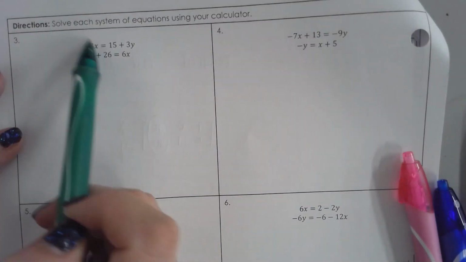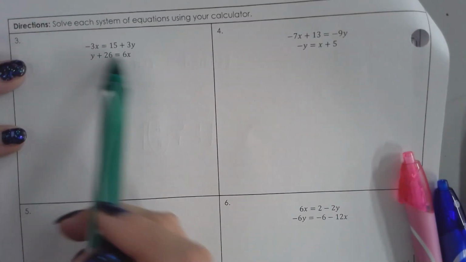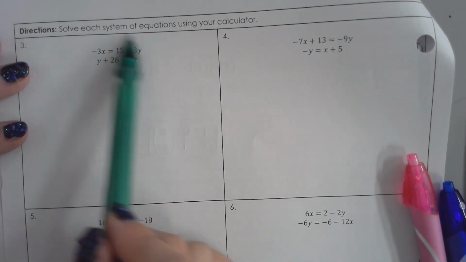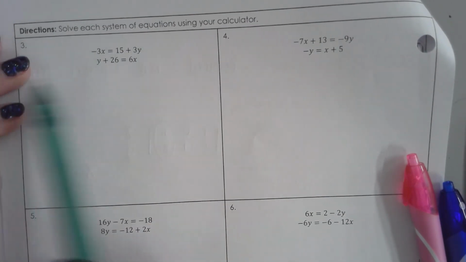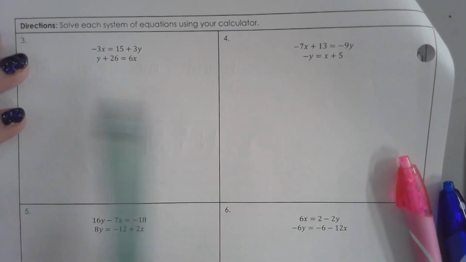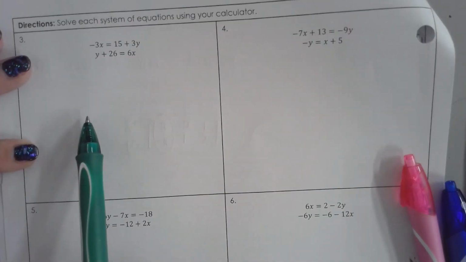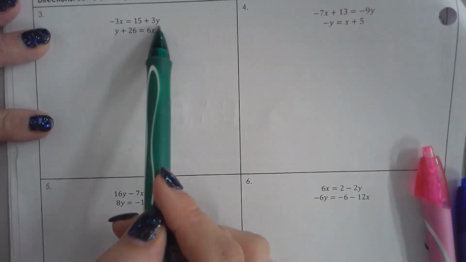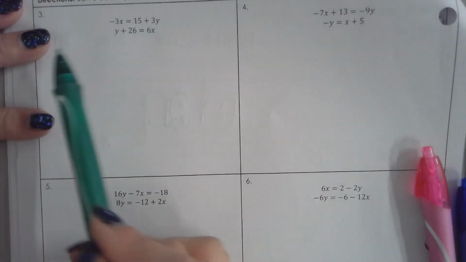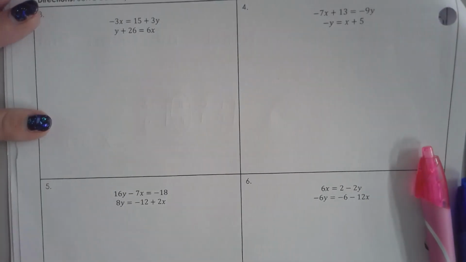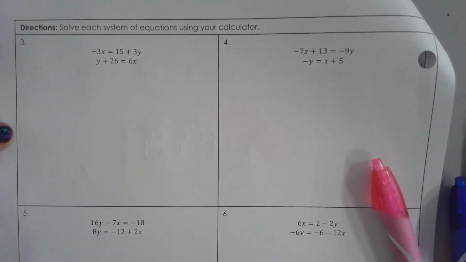So, the work that I expect to see on these problems. If you have equations that are not in standard form, I expect to see the correct equations. You don't have to write them all out and show all of the steps. If you can mentally say, well, I would subtract 3y over, I do expect you to rewrite the equation in standard form. But I'm still going to show the work at least on one more.